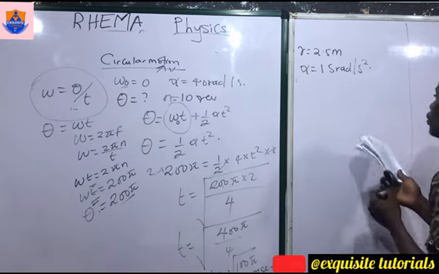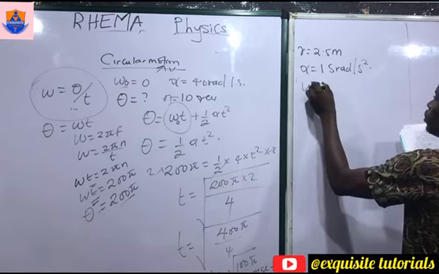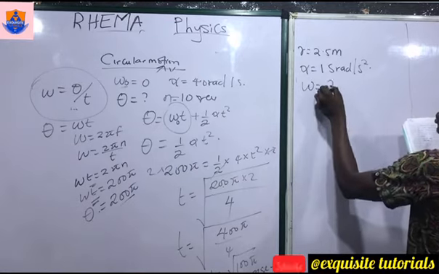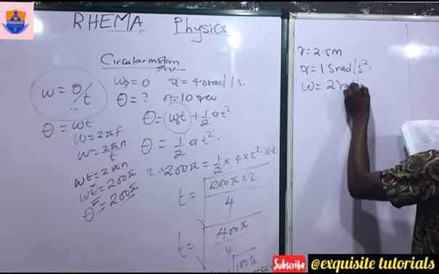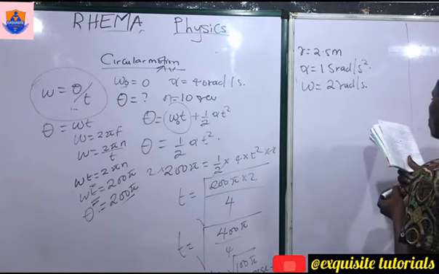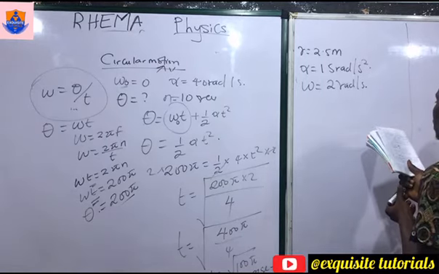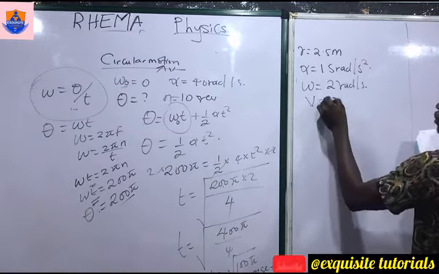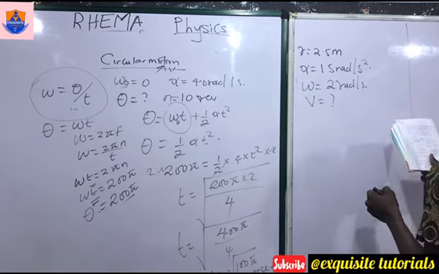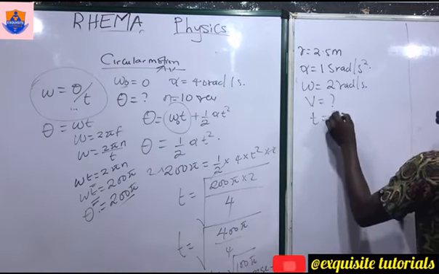If its initial angular velocity w is 2 radians per second, we are told to find the linear velocity at a time t equals 2 seconds.